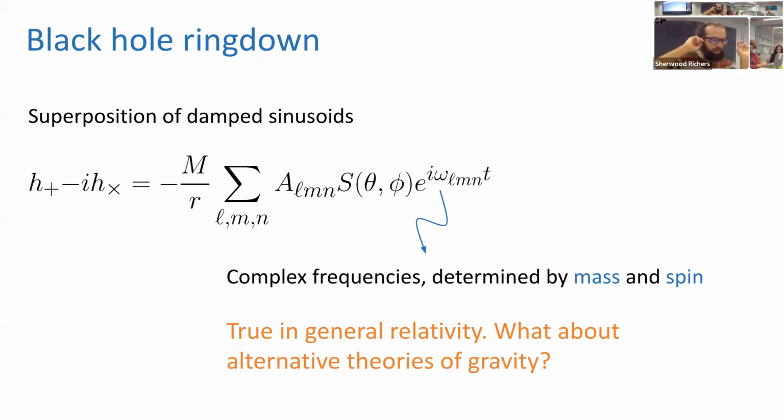What people in LVK do for now is they just know that at some point there is the fundamental mode, and you can determine that. But of course, if you want to do tests of GR, you need at least two modes. So there is a debate on when you can actually start the first overtone, because if you are too far from the real start time, you might be missing something, but if you are too close to the peak, you are polluted by nonlinearities.